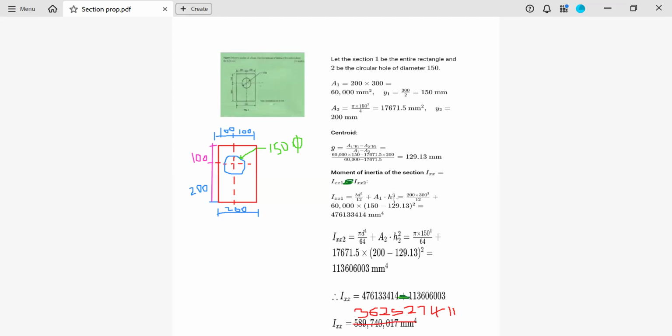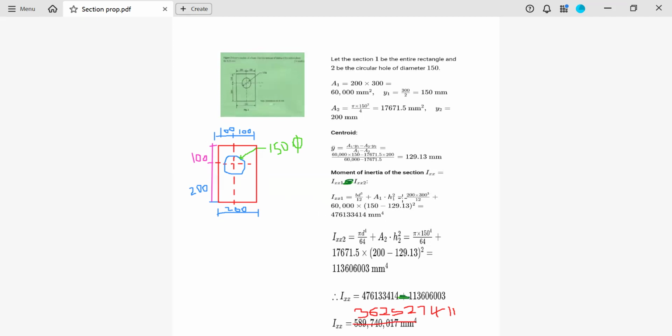For example, it would be the difference between where the centroid is, which is 129.13 millimeter, to where our y1 is, which is 150 millimeter from the bottommost line. And remember, if you are computing moment of inertia, you only cube the side that is perpendicular to the axis of reference. For our case here, for the rectangle, it is 300 that is perpendicular to the x-axis. So we shall cube the 300.